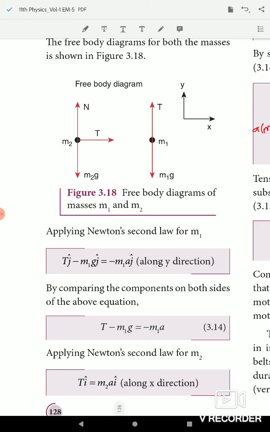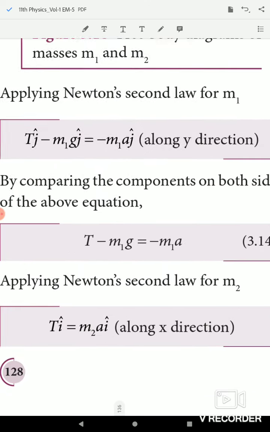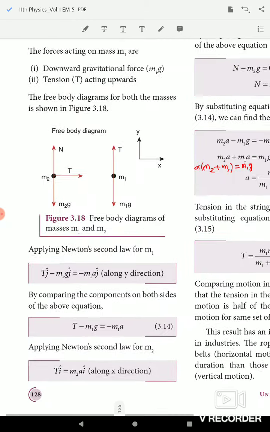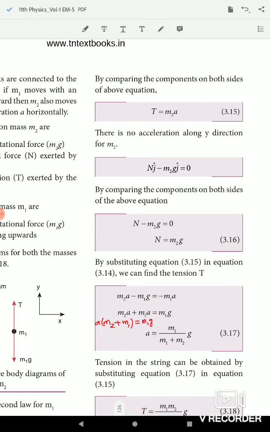Then applying Newton's law for mass m2, T i cap equal to m2a i cap. i cap cancel, so T equal to m2a. Then there is no acceleration along y direction for m2. So N j cap minus m2g j cap equal to 0. So j cancel.